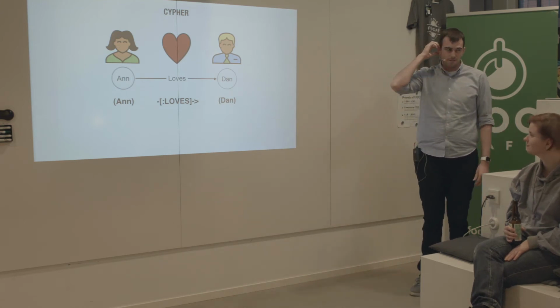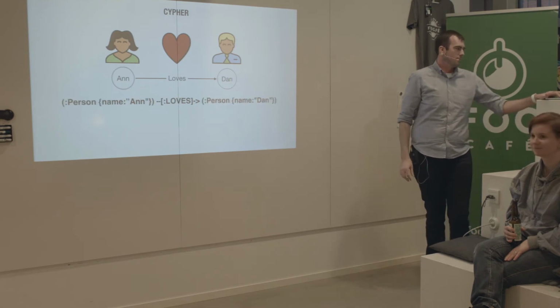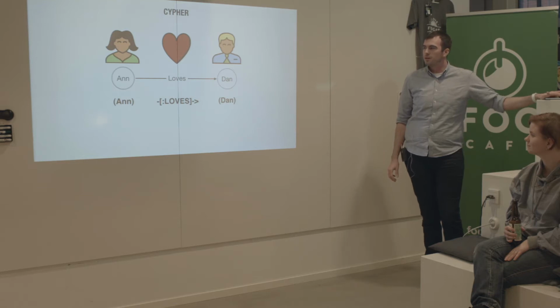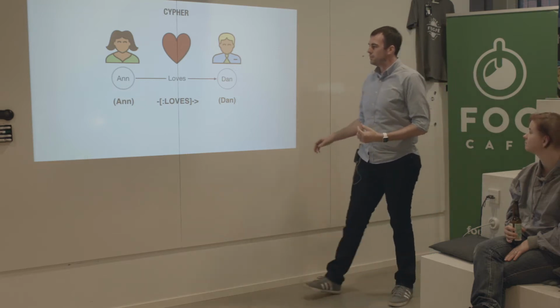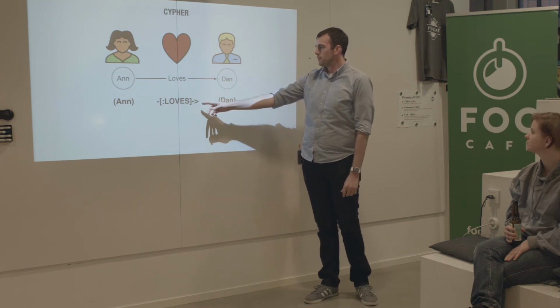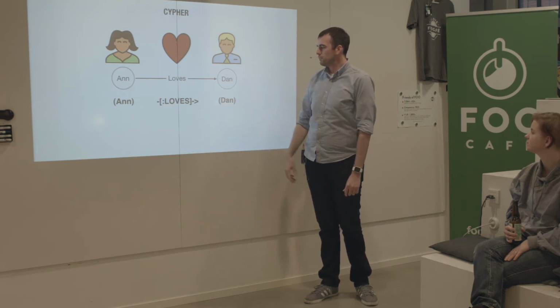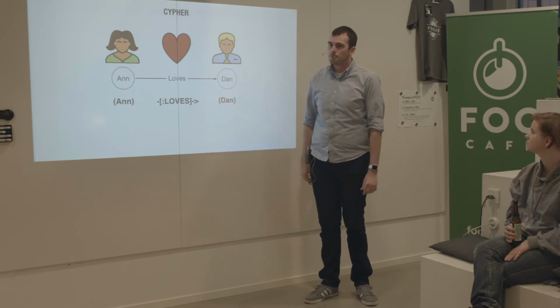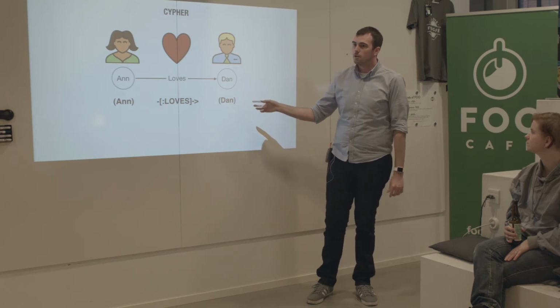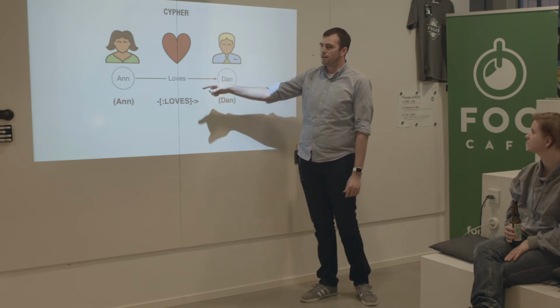Who would have known ASCII art could have been a query language? Correct. So all the edges are directed in the graph, but the directionality of the edge in the query doesn't necessarily have to be specified. This implies that Ann loves Dan, but Dan doesn't love Ann. But the node Dan in the database knows that he's loved by Ann.